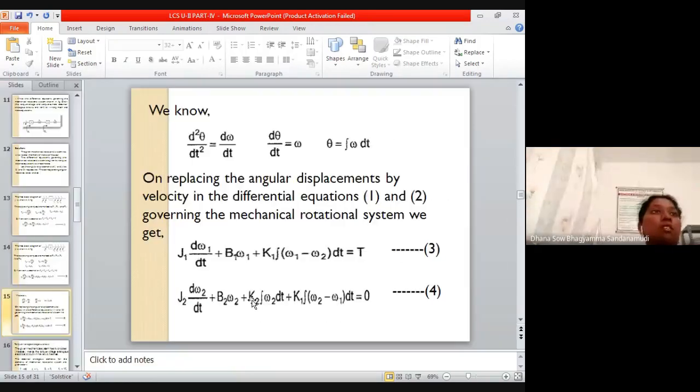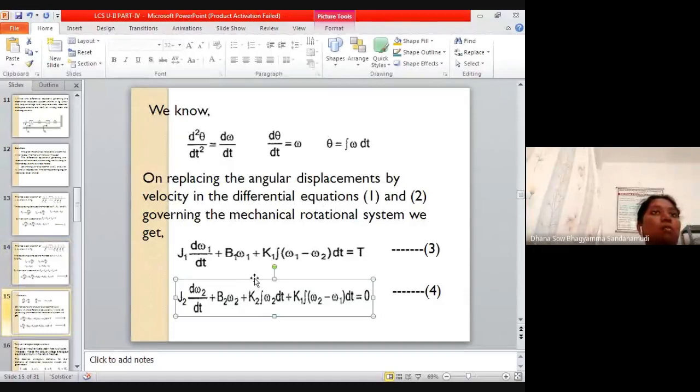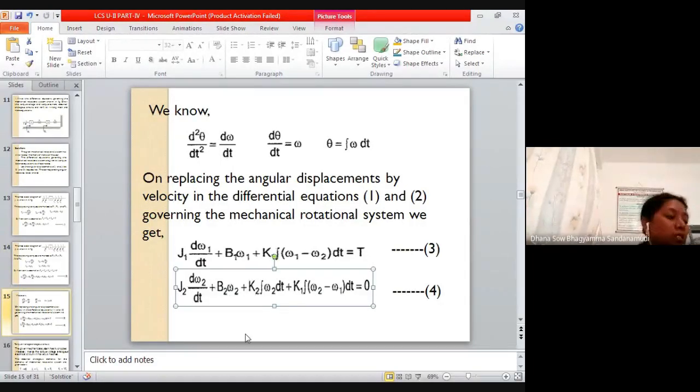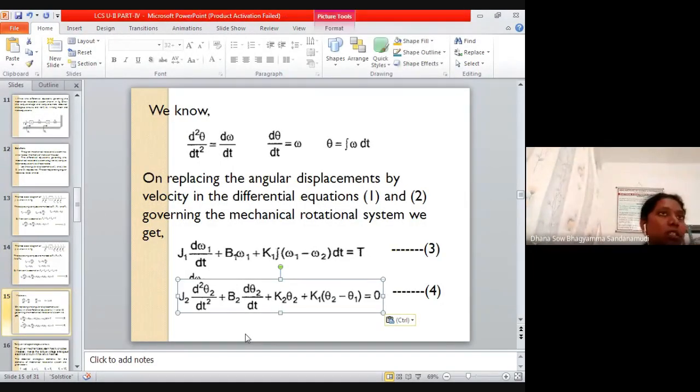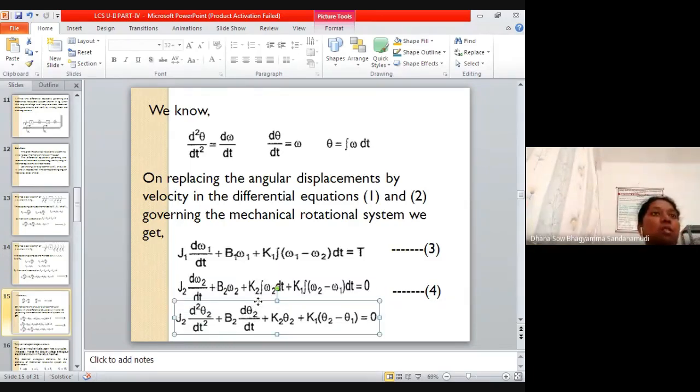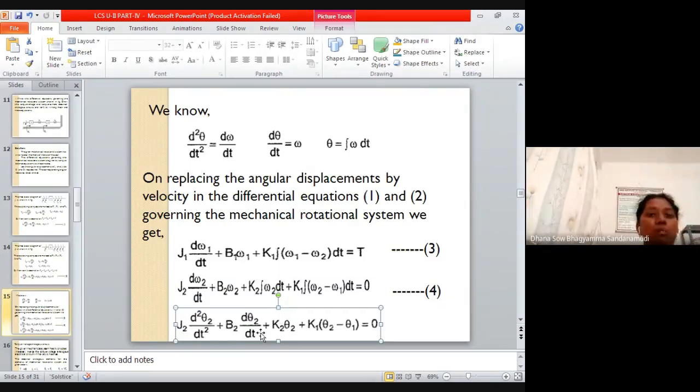What I will do is I will just copy this, paste it, and move this upwards. So see here, this is equation number 2. J2 d omega 2 by dt. So d square theta 2 by dt square is replaced by d omega by dt.